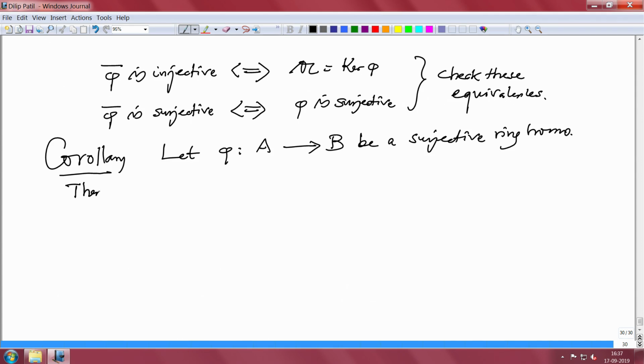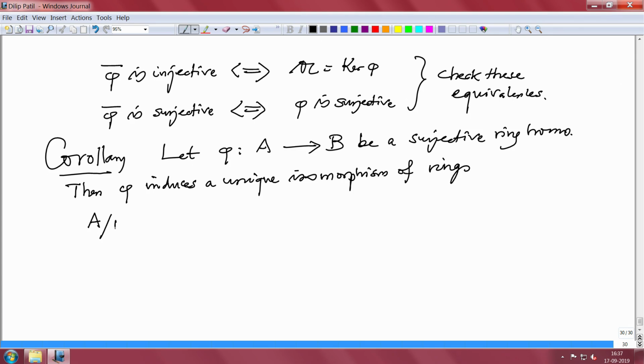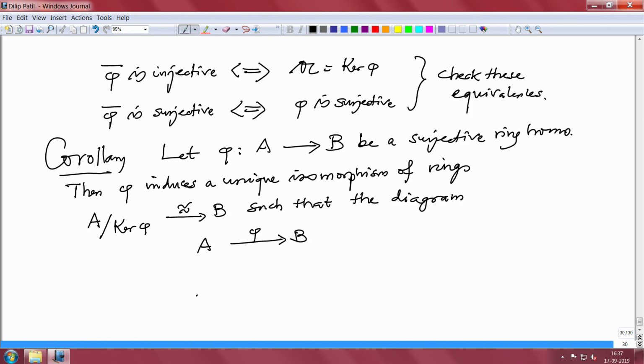Then phi induces a unique isomorphism of rings from A mod kernel of phi to B, such that the diagram commutes: A here, B here, phi, this A by kernel phi, a residue class ring by this ideal kernel phi, this is our pi, and this map is phi bar, and this is an isomorphism.